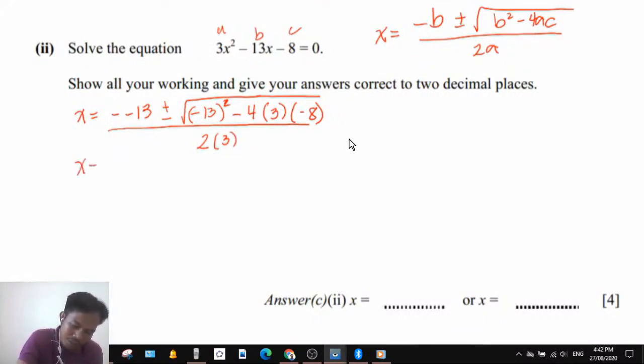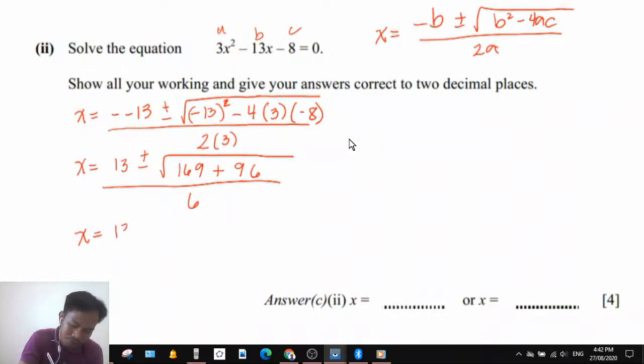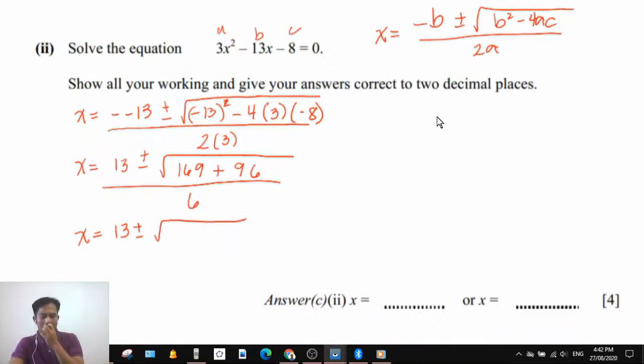Okay, x is equal now to 13 plus or minus square root of 265 divided by 6.